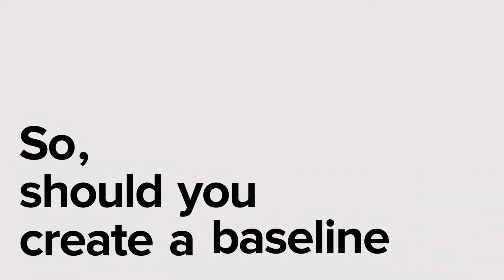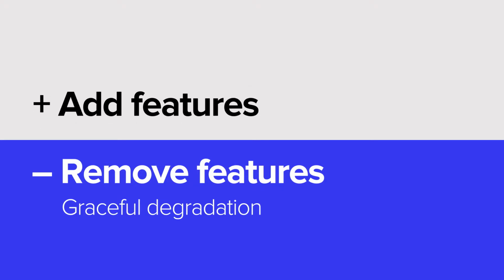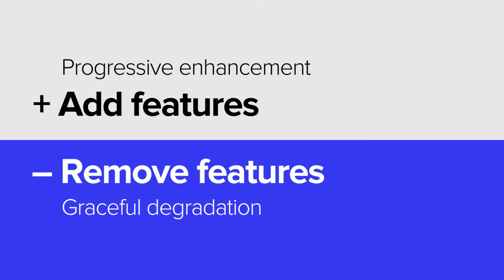So should you create a baseline and from that remove features, which would be graceful degradation, or should you have a baseline and then add features according to the browser's capability, which you would call progressive enhancement? So the whole idea of websites being progressive stems from looking at the browser's capability and adding features.